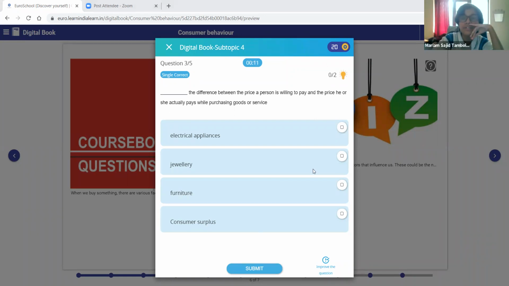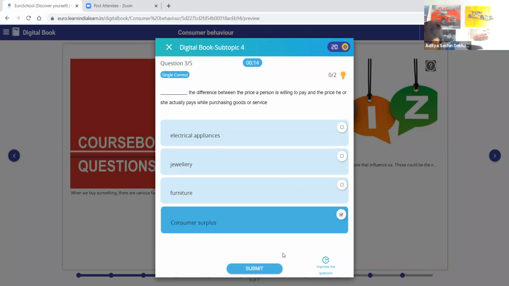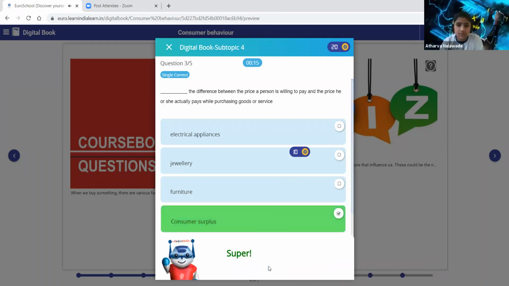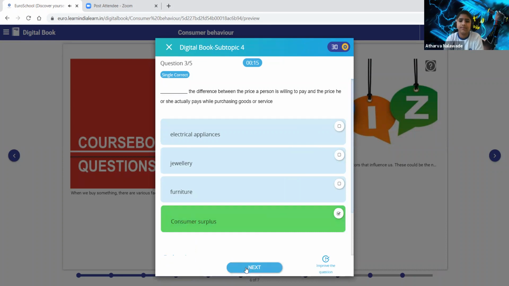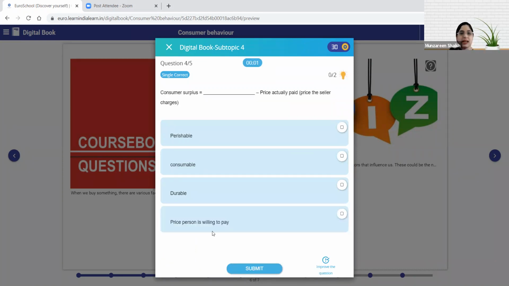Consumer surplus. Very good. Next, consumer surplus is equal to dash minus price actually paid. Price the person is willing to pay.